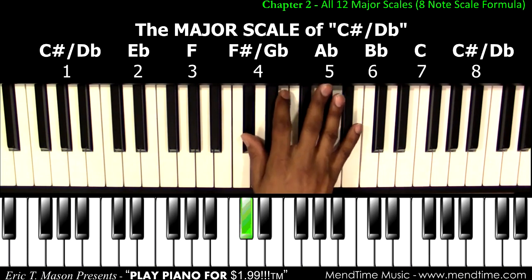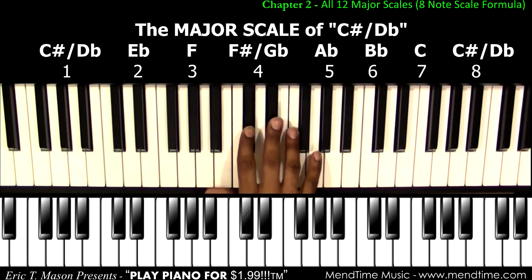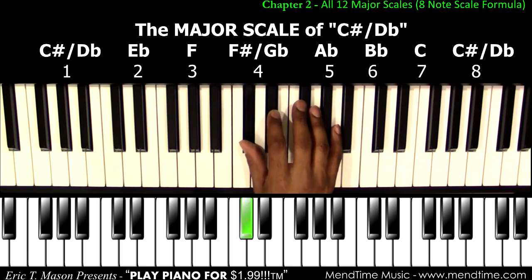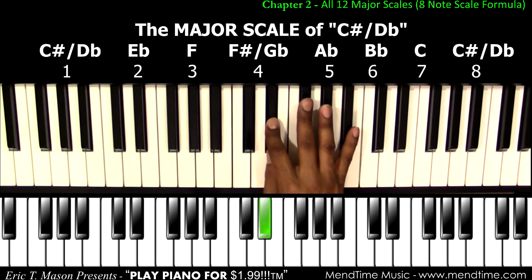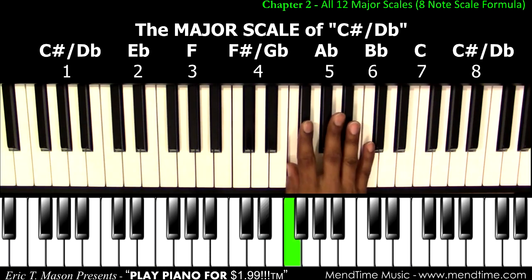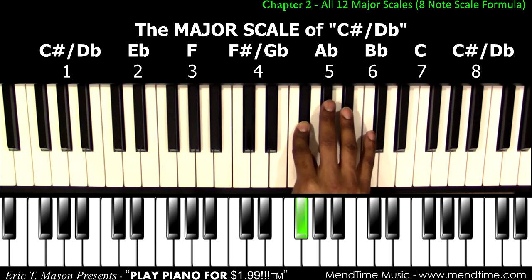So in C sharp or D flat, starting at 1, we have C sharp, D flat, and then we whole step to D sharp or E flat. Then we have that next W or the whole to F. Now it's going to feel different, okay? Then we have our half step, which is F sharp, G flat.